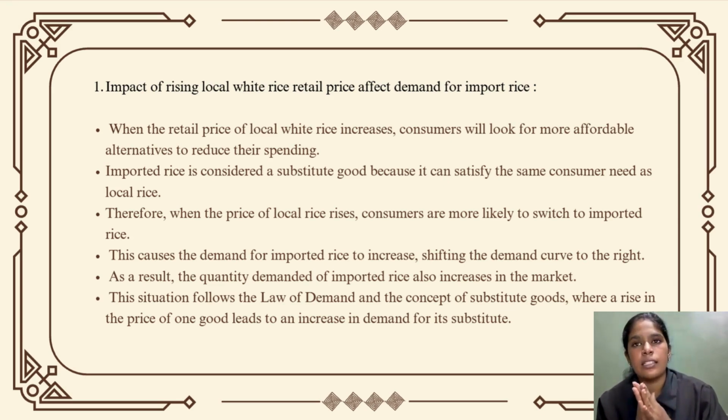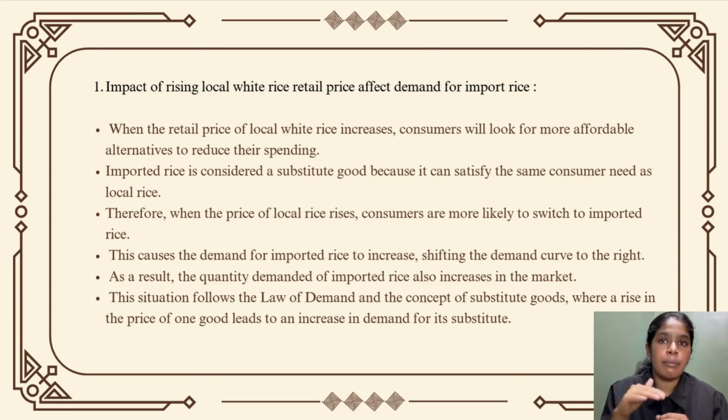As a result, the quantity demanded of imported rice also increases in the market. The solution follows the law of demand and the concept of substitute goods, where a rise in the price of one good increases the demand for its substitute.